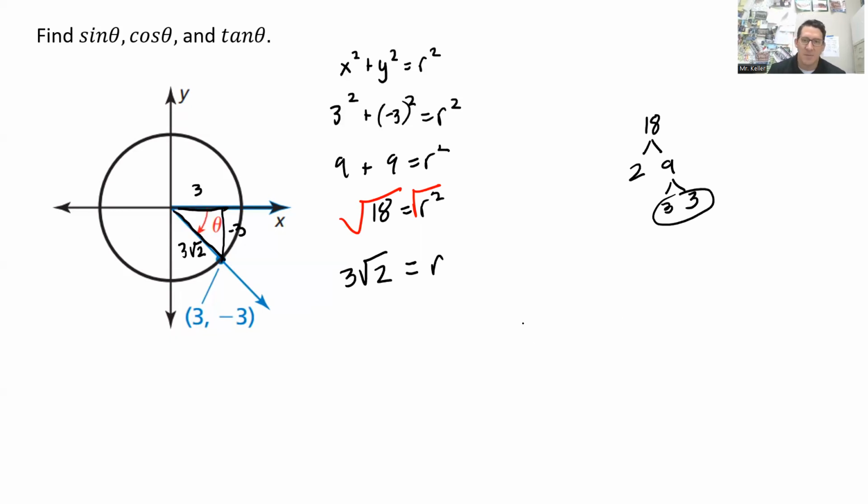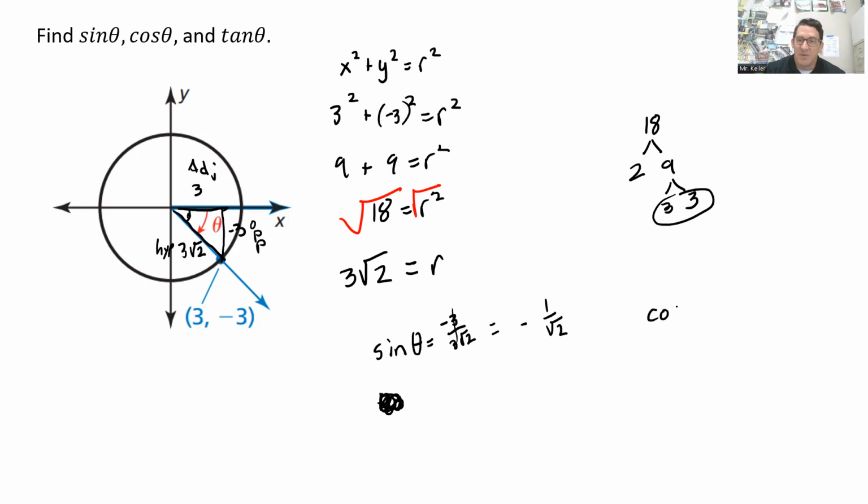No big deal. But from here, sine of theta, again, this is our reference angle. The y coordinate is always the opposite side. The x is always the adjacent, and this is always the hypotenuse. So sine of theta is opposite over hypotenuse, or y over r. So it'll be -3 over 3 root 2. If we cancel that out, we get -1 over root 2.